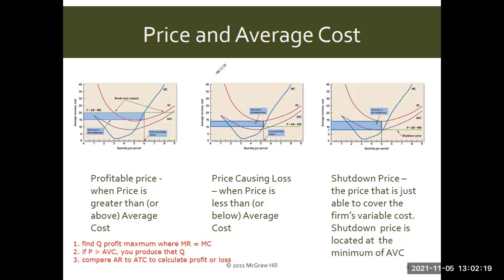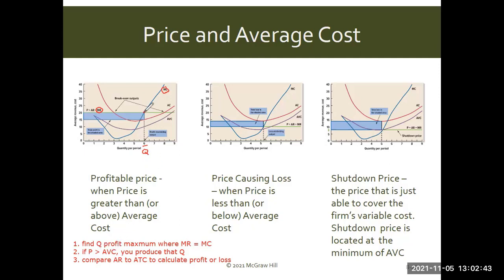So let's take a look up top here, where the first rule is you find out where marginal revenue equals marginal cost, and that's right there. You go down and you find your profit maximizing quantity that you think you might want to produce, of 6. But then step 2 is you check and make sure that your price is covering your variable costs.